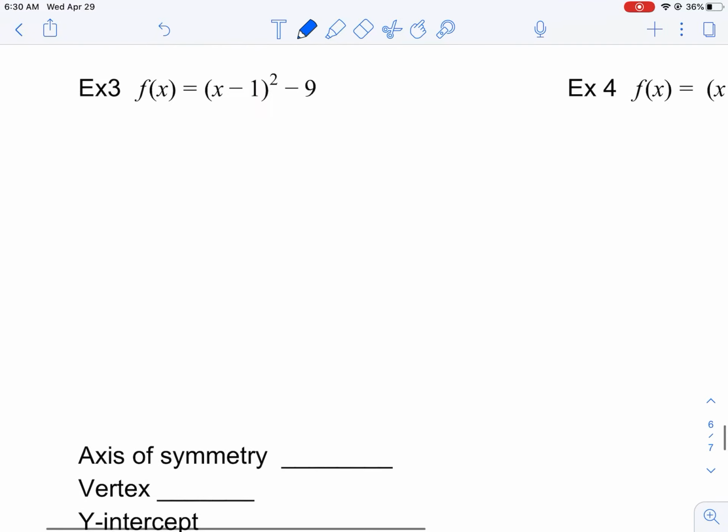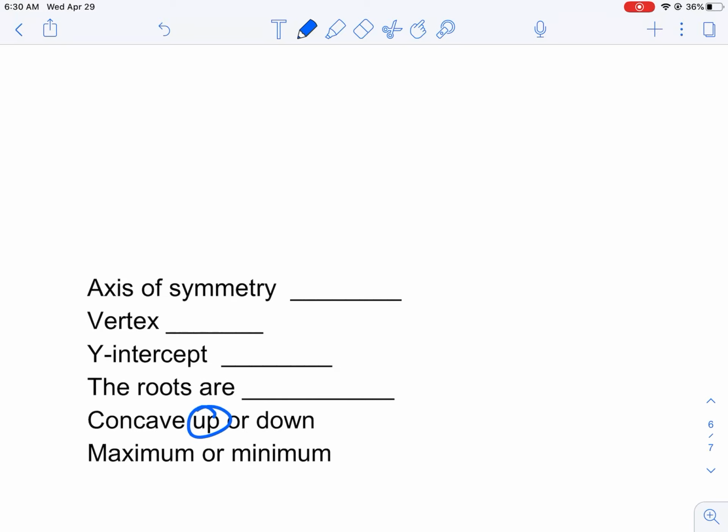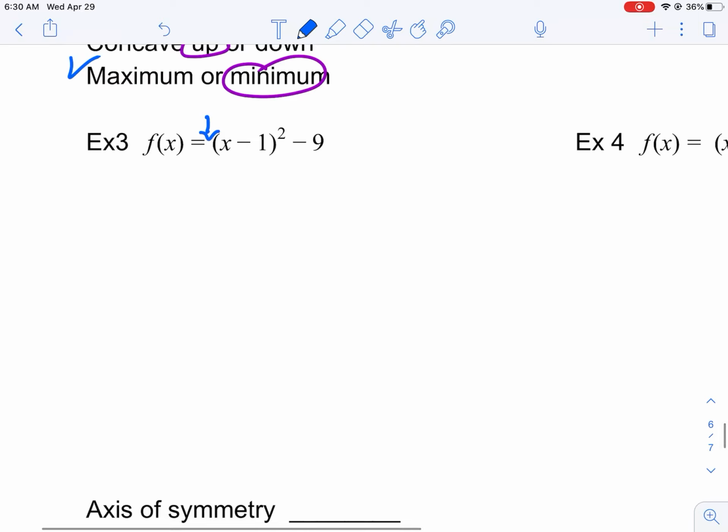All right, what do we see right away? We know that the a value is positive 1 because it's not there. So we know that it opens up and there's a minimum. We can see the h is negative 1, so we take the opposite of h, which is h equals 1. The k is 9, or negative 9.